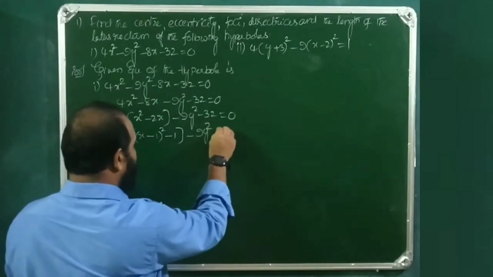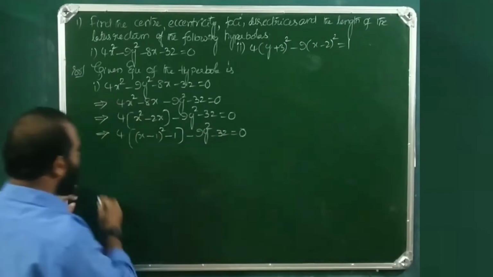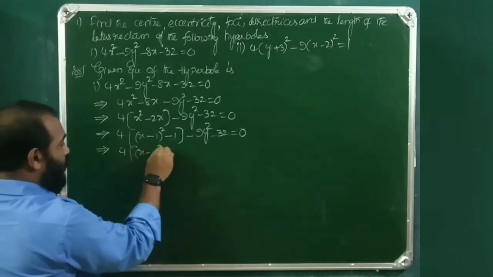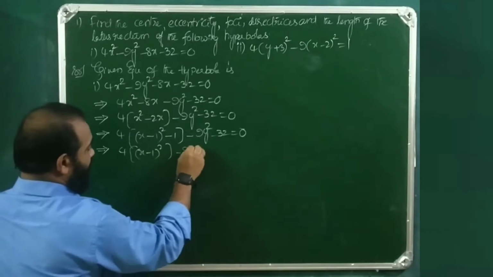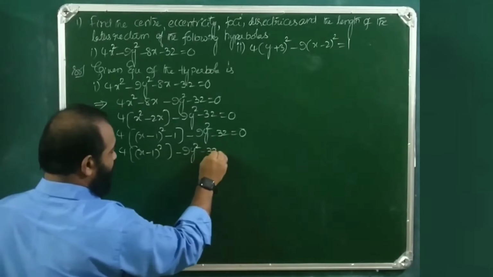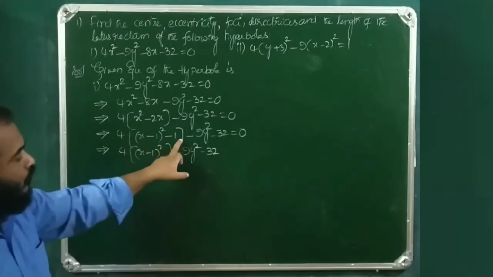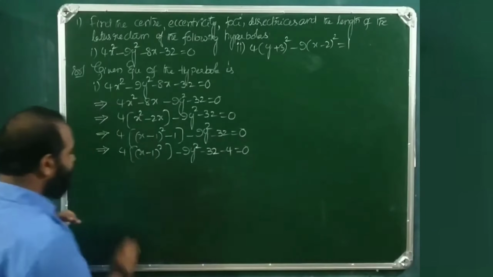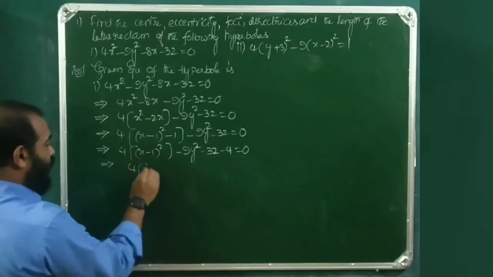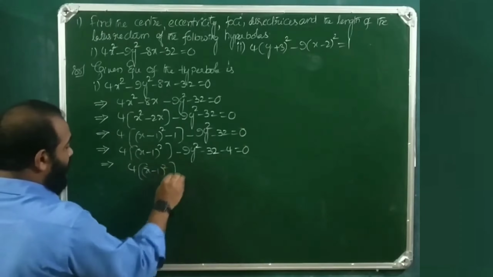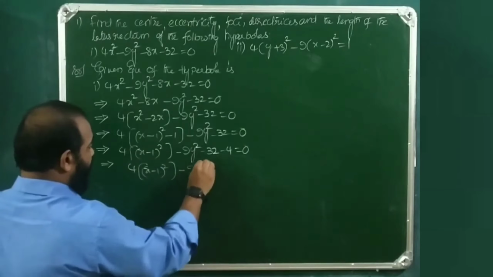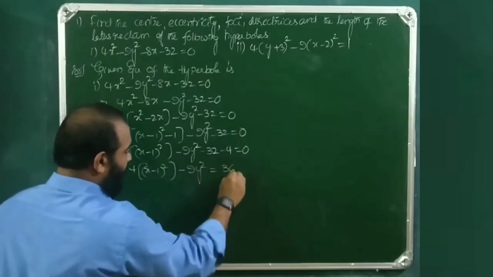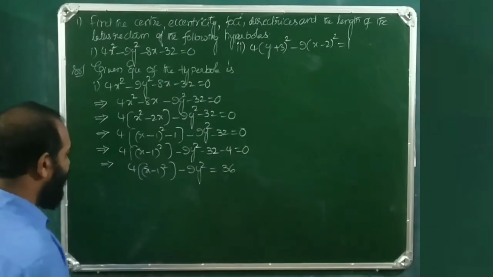So this is what we have left with. Minus 9y square minus 32 equals 0. This is 4 into (x minus 1) whole square minus 9y square minus 32. So 4 into minus 1 is minus 4, equals 0. Plus 4 into (x minus 1) whole square minus 9y square equals minus 36, which will become plus 36 on transposition.